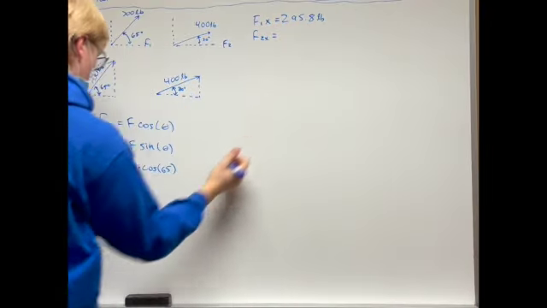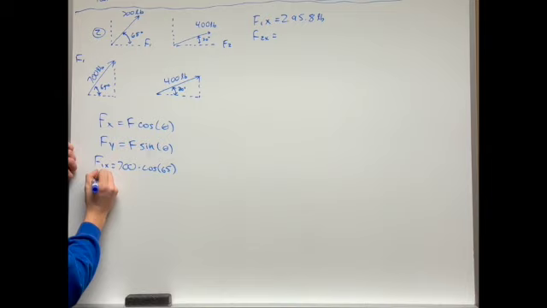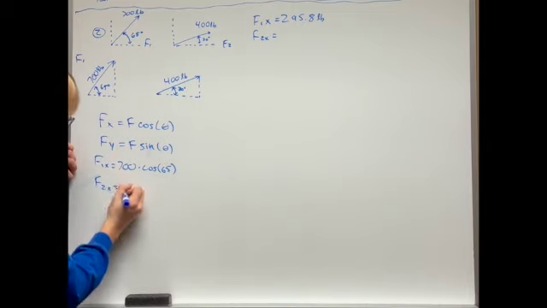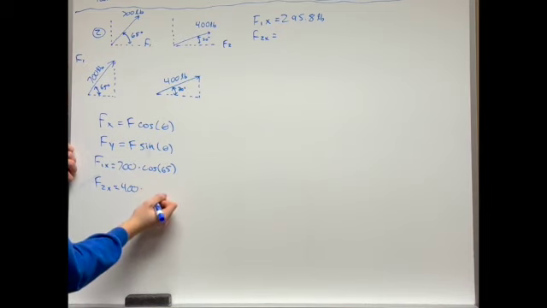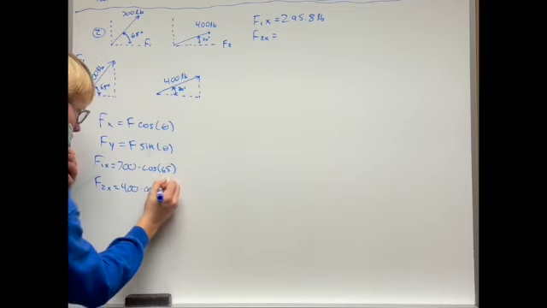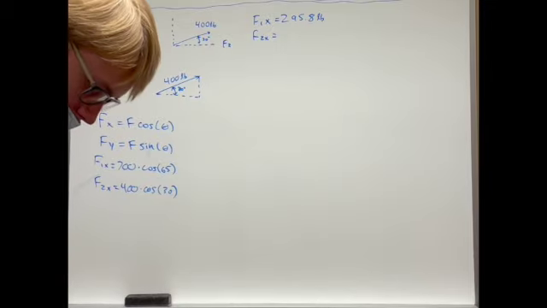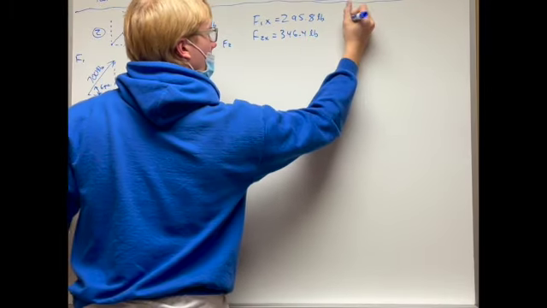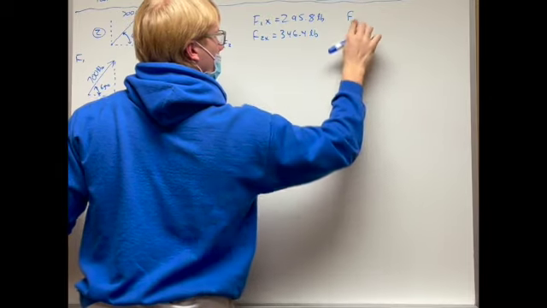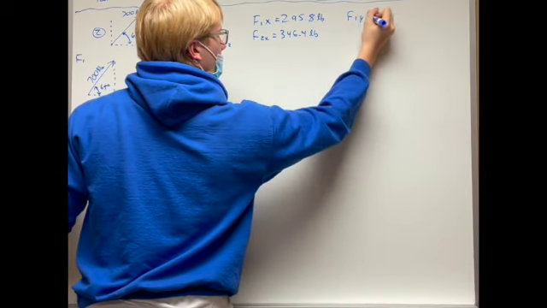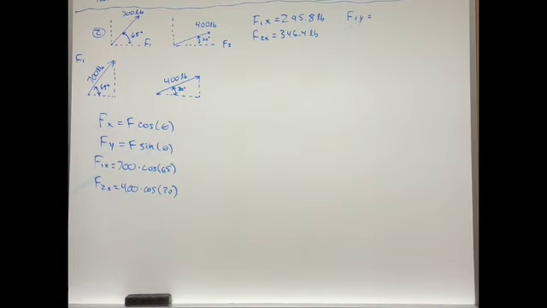F2 of x is going to work the same way, except we have to change our magnitude because it's different. Change your magnitude and your angle. Correct. Okay, so that was these two.